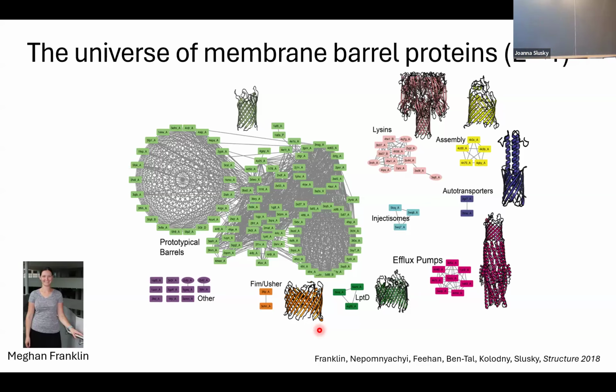You see that lots of these proteins are not related to other barrels, and that's consistent with an idea that there was convergent evolution onto this fold. I can talk about that more. This was work ultimately done by Megan Franklin, who now works in protein design in the Boston area. But for now, just know this is showing that there may be some convergent evolution on the fold.